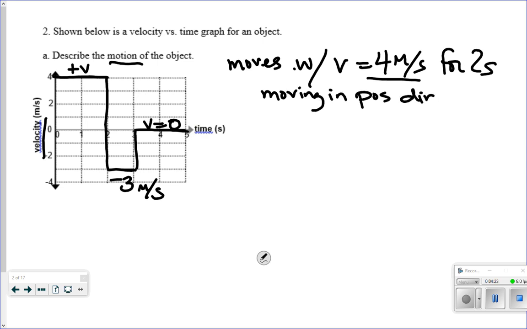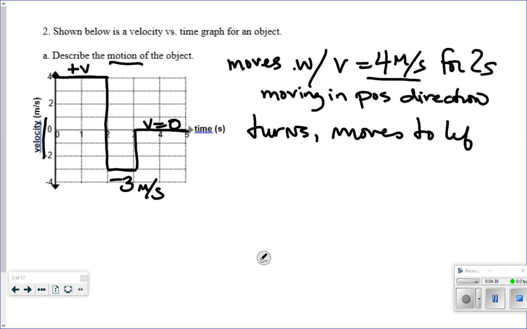Generally that's to the right, but let's be clear, it could go either way, right? We could also say it's moving up. All right, so then it turns, moves to the left or in the negative direction for 1 second, and then it stops.